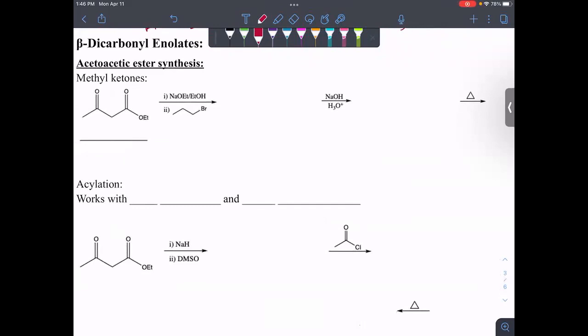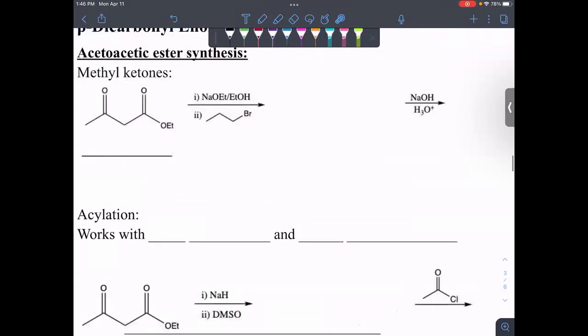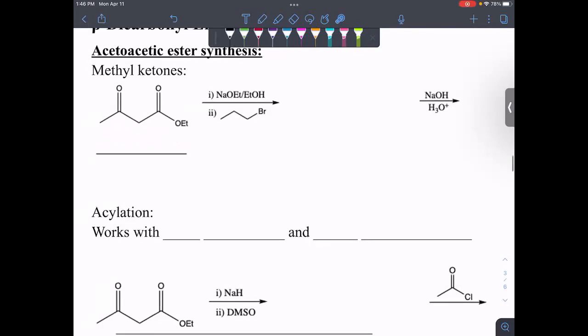With these kinds of things, you have this CH2 in the middle. It's very acidic, so we can deprotonate it and add stuff to it really easily. So we're basically just trying to alkylate this position and then cut off one side of the ester. In the first step, you're given ethoxide over ethanol and an alkyl halide. So what do you think happens when it reacts with this ester? You form the enol. And then what does the enol do?